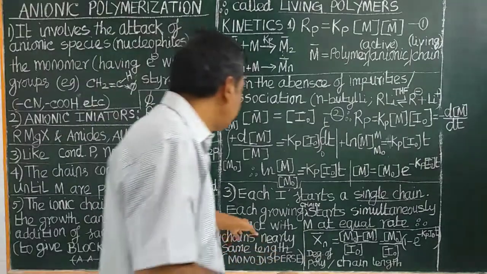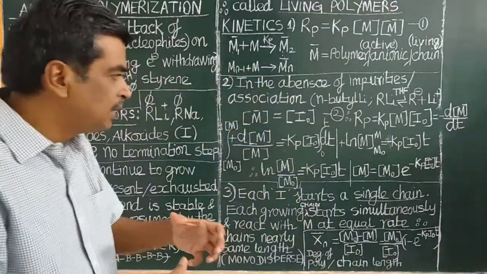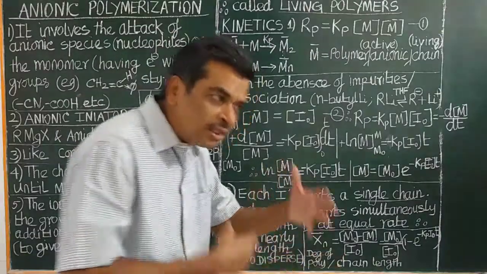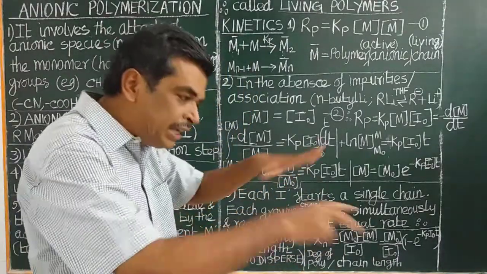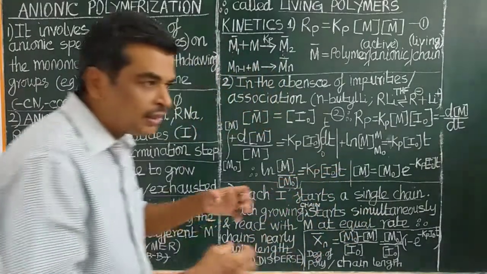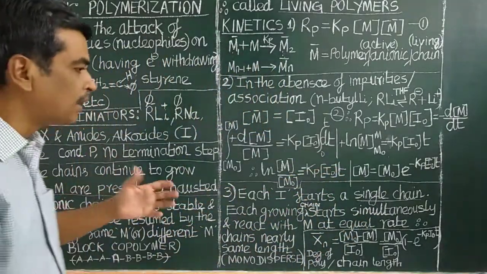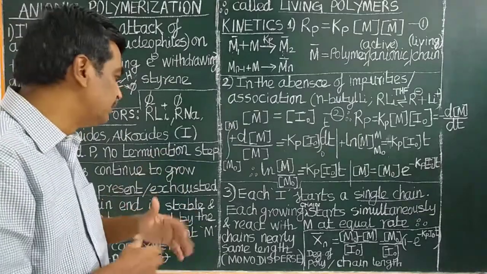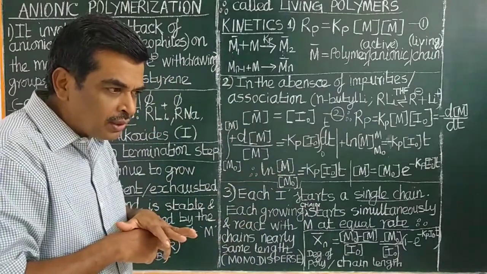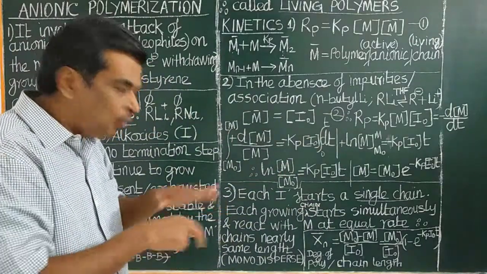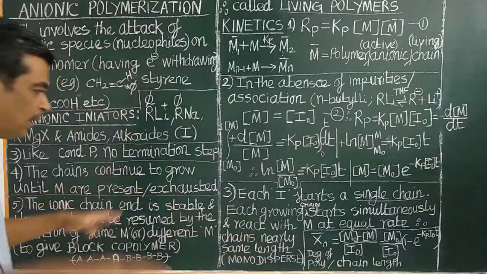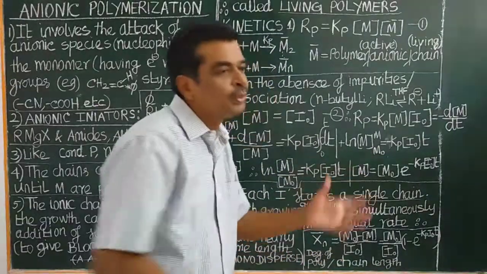Therefore, each growing chain starts simultaneously and reacts with the monomers at an equal rate. Each growing chain competes equally for the monomer. Therefore, all the polymeric chains formed are of the same length, and they are monodisperse polymers.